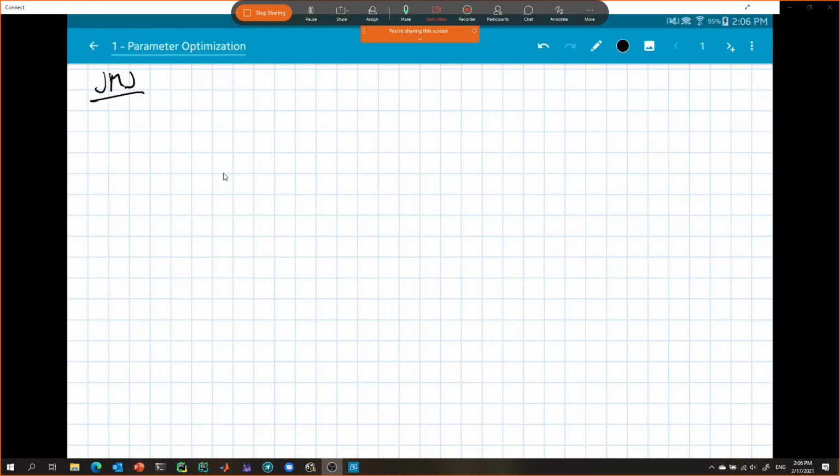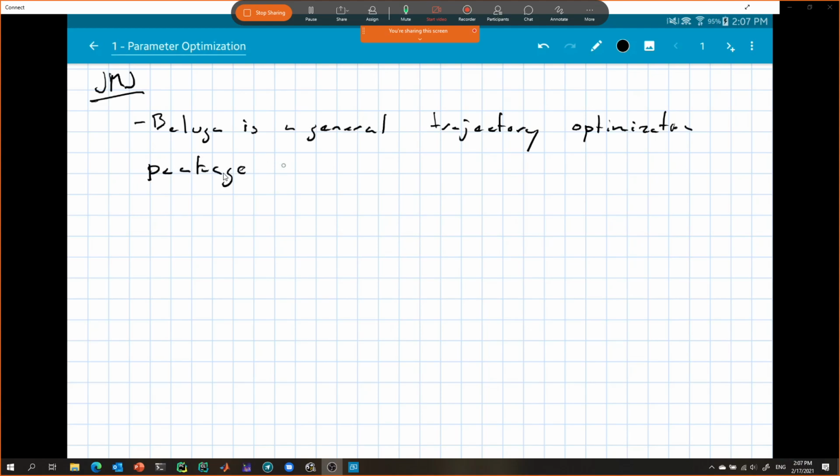So to start, for those who don't know, Beluga is a general purpose trajectory optimization suite. It's written all in Python, so that's nice.